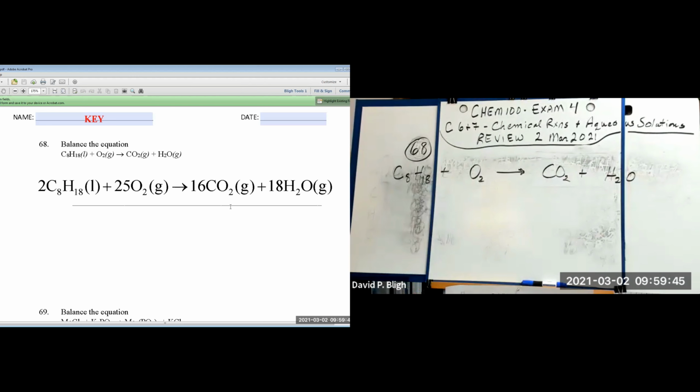Okay. Hold that one in reserve and do our tally. Carbon, hydrogen, oxygen. So we have 8 carbons, 18 hydrogens, excuse me, and 2 oxygens.